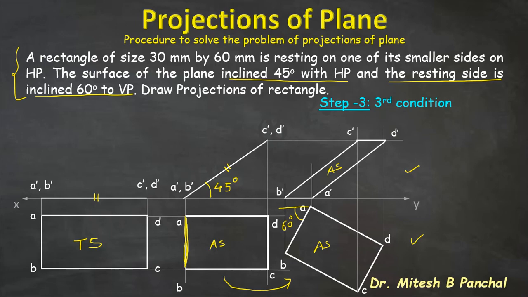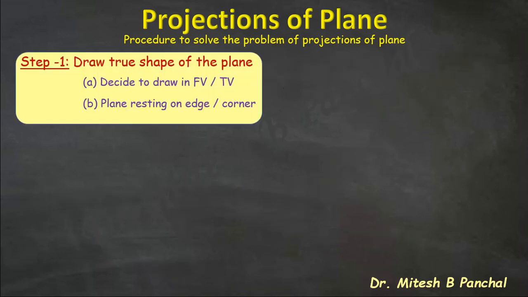Now we will summarize the procedure to solve any problem of projections of plane. So the first step is to draw the true shape of the plane, and we have already seen that for the first step we are considering 2 points. That is, first we will decide where we have to draw the true shape, either in front view or in top view.